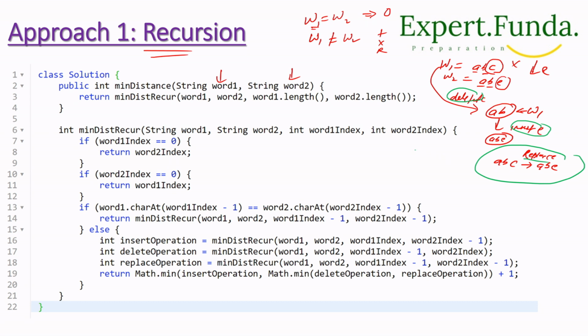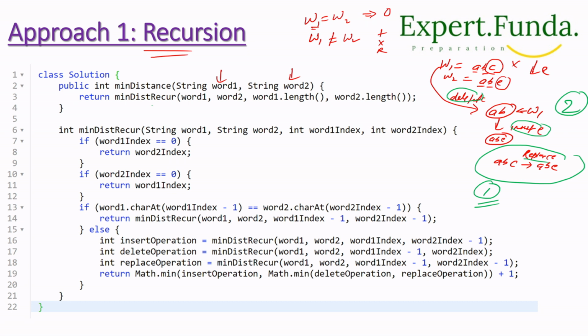So in this case we will choose option 3 because it takes one operation, while the other takes two. Obviously we have to choose the minimum one, so we will always take the minimum.